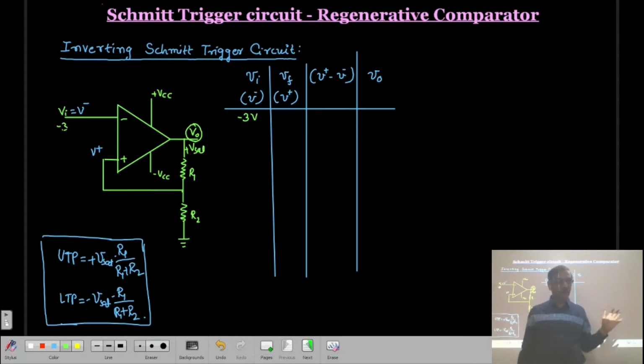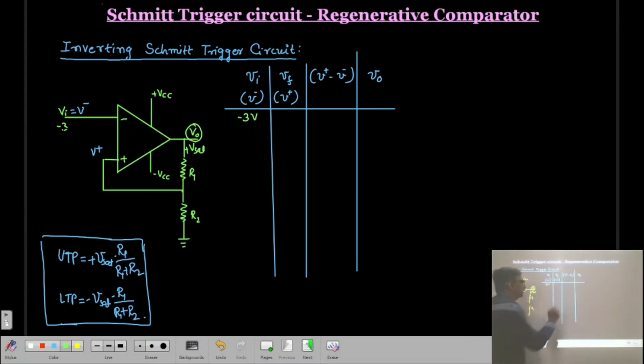This is a large negative voltage, so the output voltage will definitely be positive. So here we have V saturation, because the operational amplifier will go to the positive saturation voltage. And whenever the positive saturation voltage is there, my feedback voltage will also be positive.